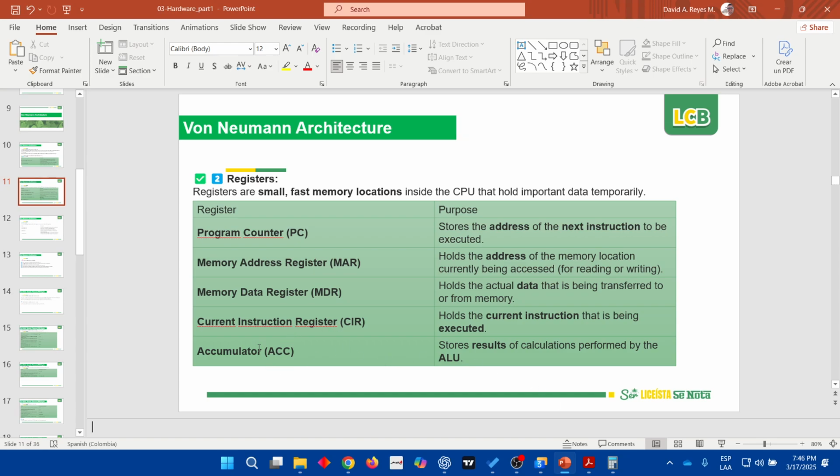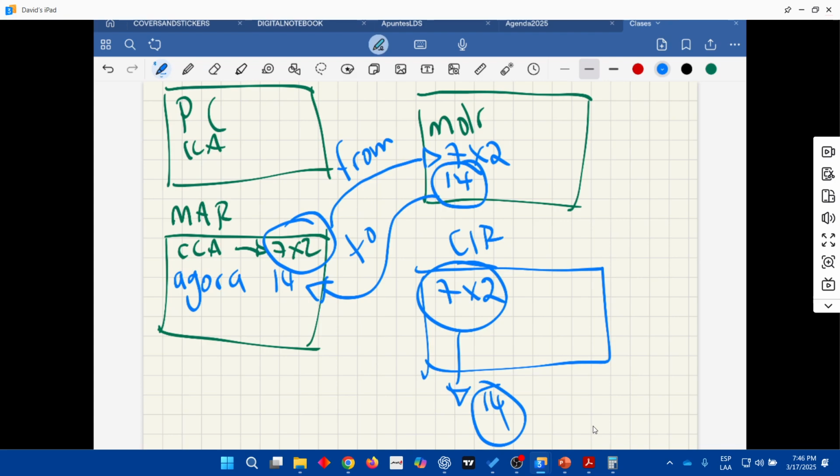And the accumulator, that is the ACC, stores the result of calculation performed from the ALU. So that means that here you are doing this multiplication. This is the instruction that you are executing here. And this is going to be executed by the ALU.